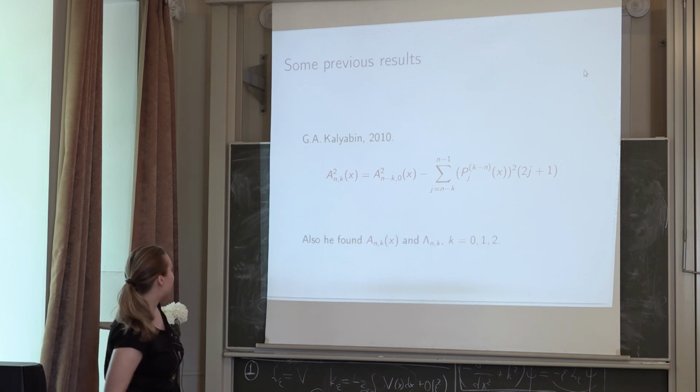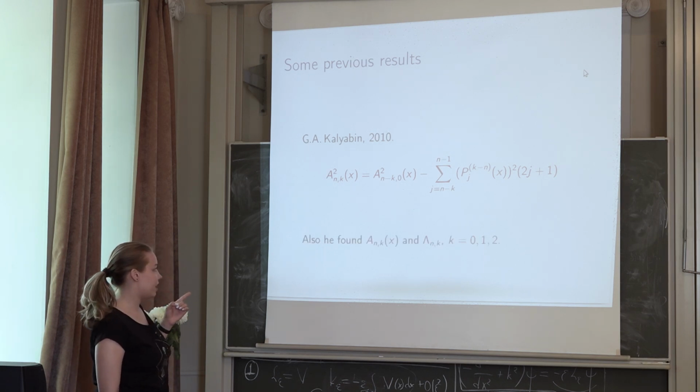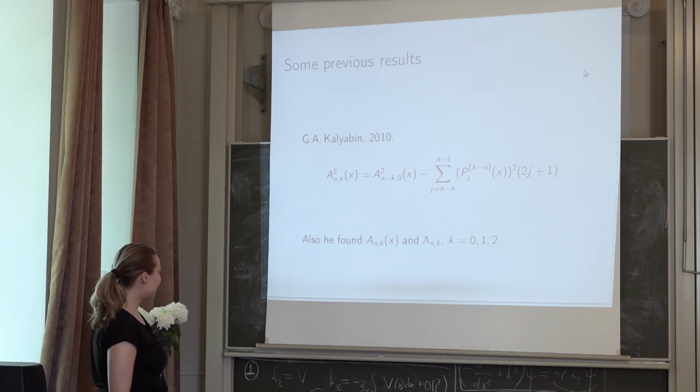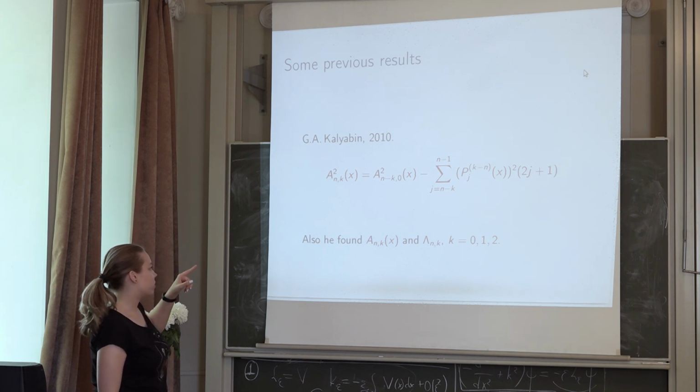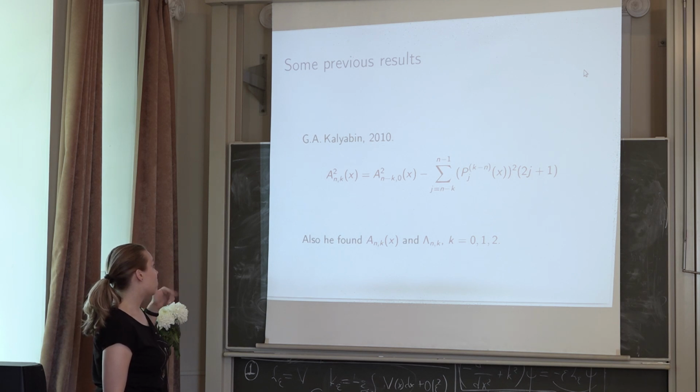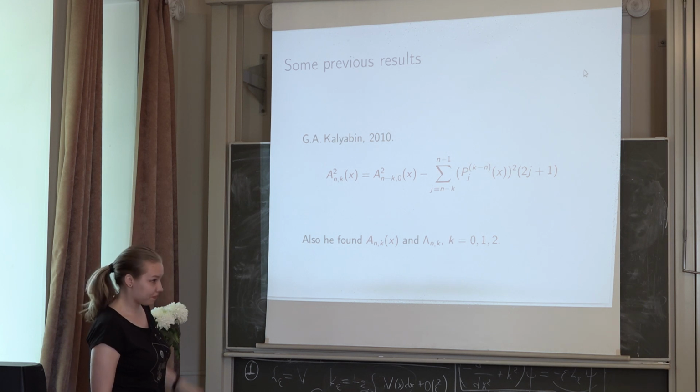Also, he found A_{n,k} and lambda_{n,k} with k equal to 0, 1, and 2. As you can see in this formula, some indexes and the order of antiderivatives of Legendre polynomials do not depend on n minus k.